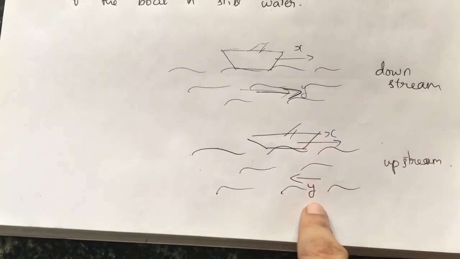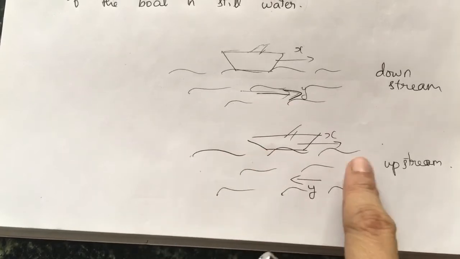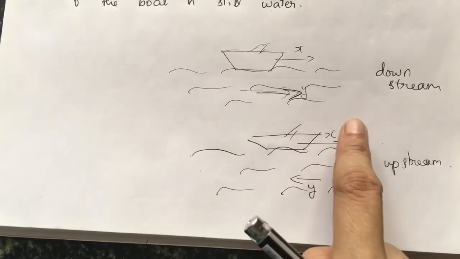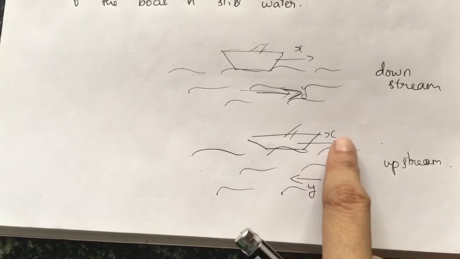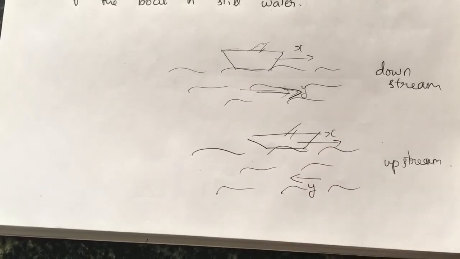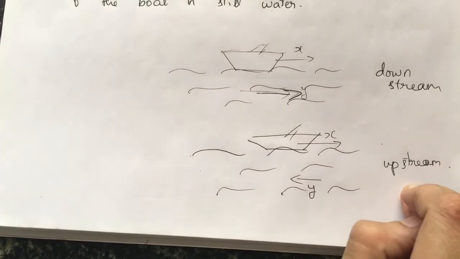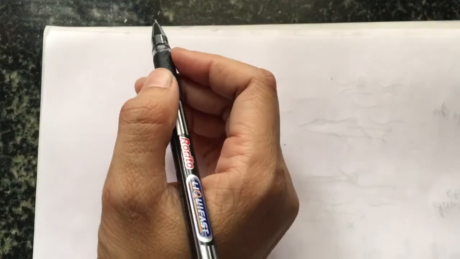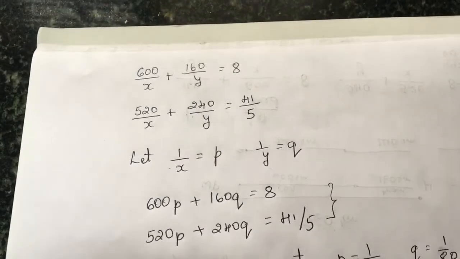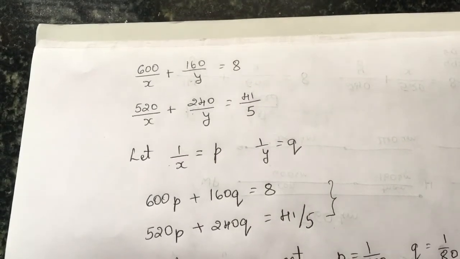When they are moving in the reverse direction, I need to subtract the speed of the stream from the speed of the boat. This is in case of upstream. So you need to calculate the speed of the stream and that of the boat.